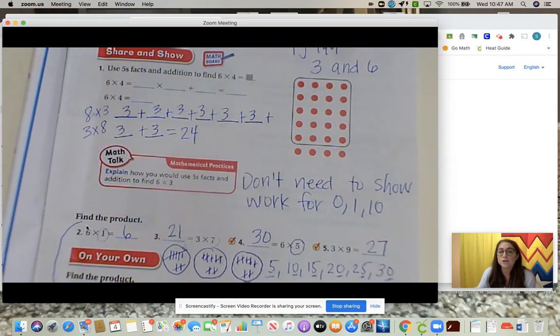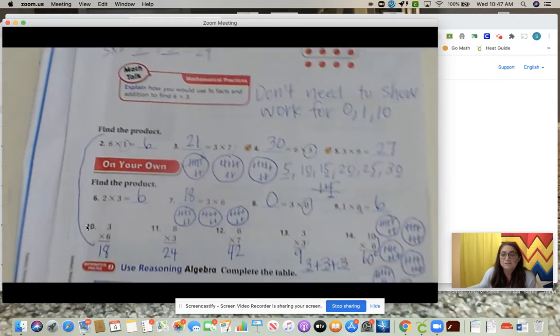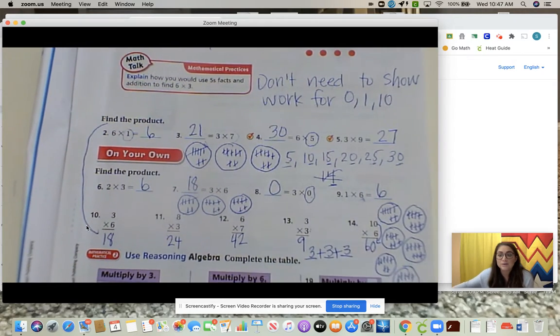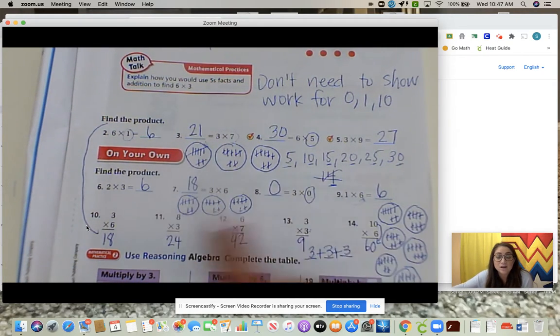So you need to show your work again with every multiplication problem except for 0, 1, and 10. If there is a multiplication problem with 0, 1, or 10, you don't need to show your work because you know those tricks. So after 6 minutes, we went through and these are our answers that we got together.